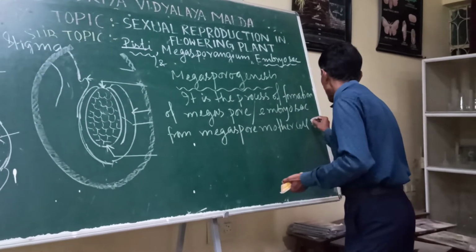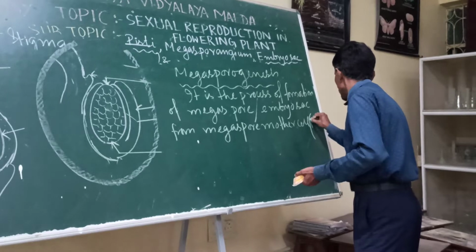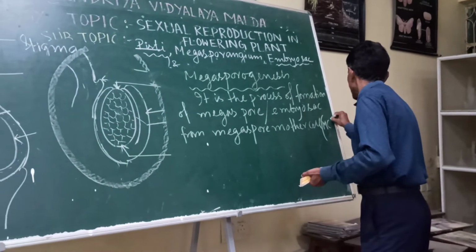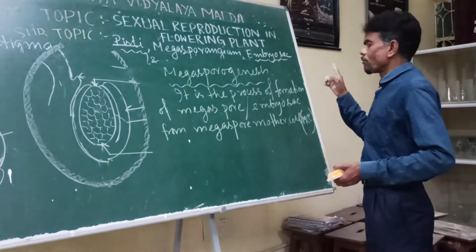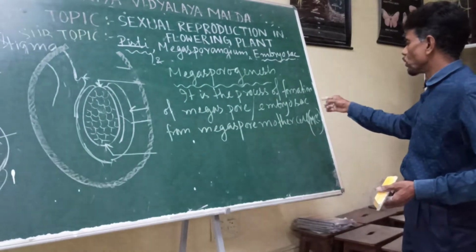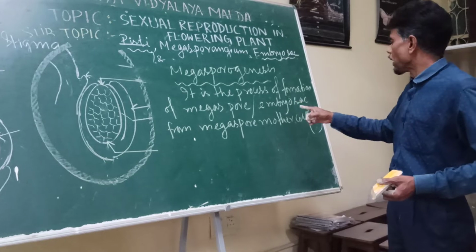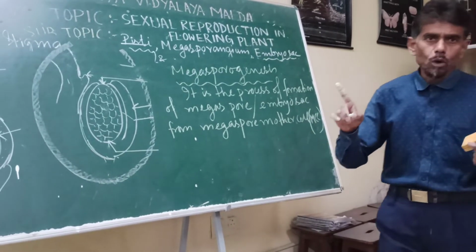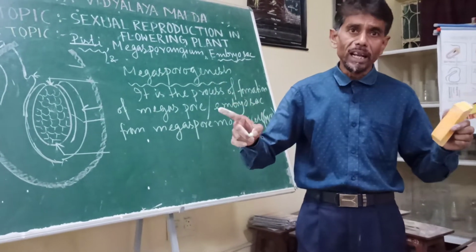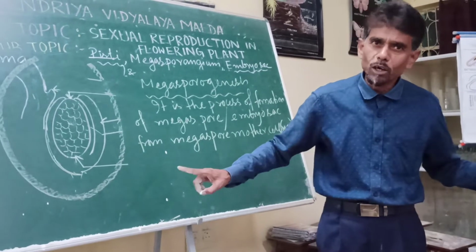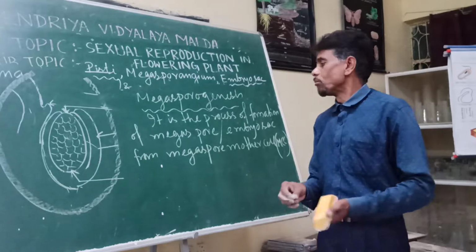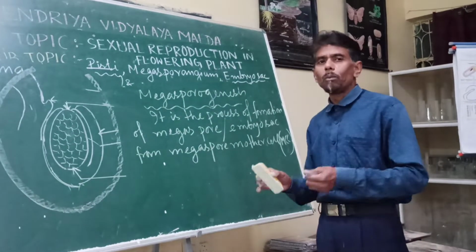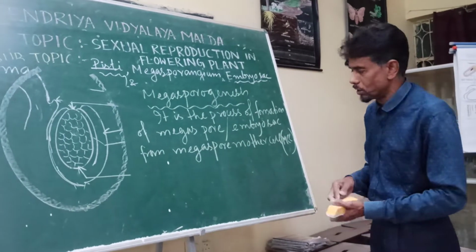This megaspore mother cell is otherwise called MMC. The process of formation of megaspore or embryo sac from the megaspore mother cell is called megasporogenesis. Is that clear to you? Now let us discuss in detail the process of megasporogenesis.